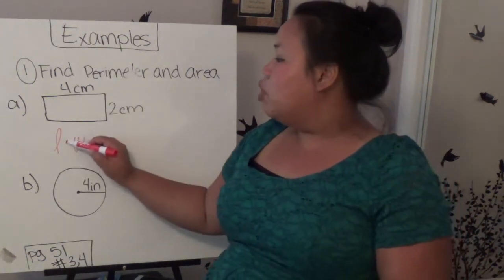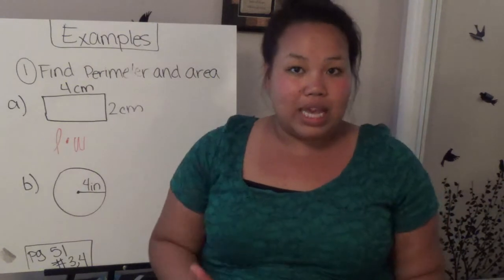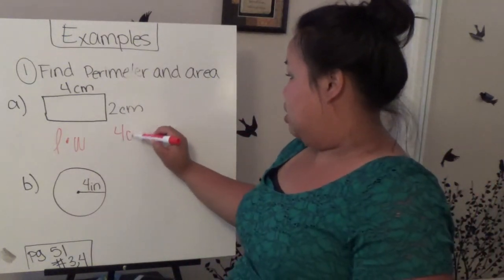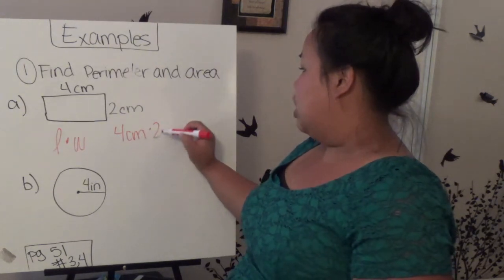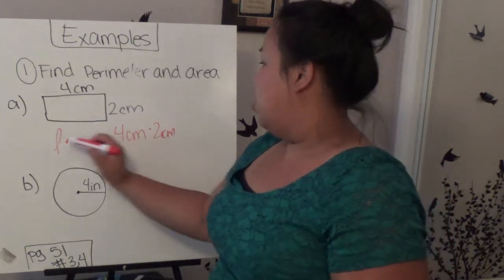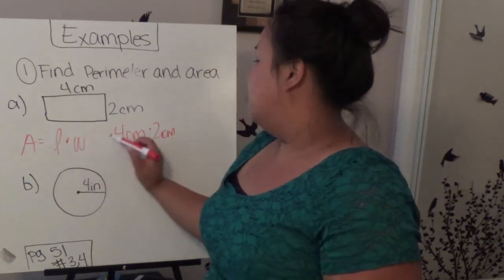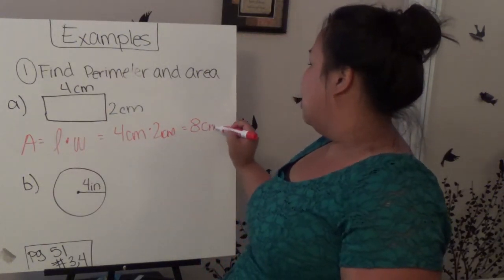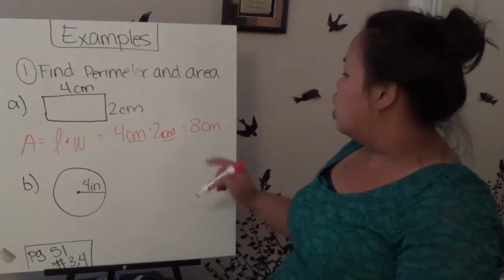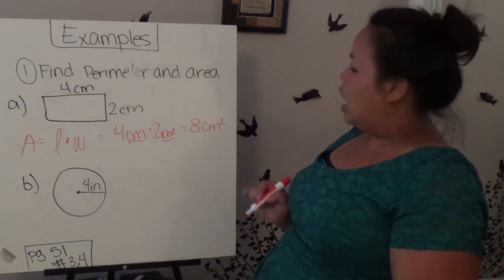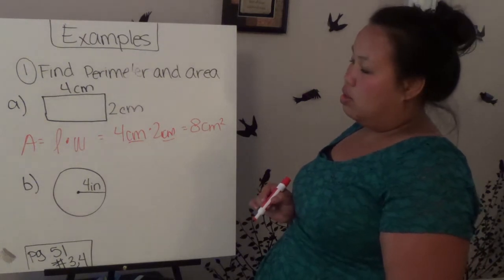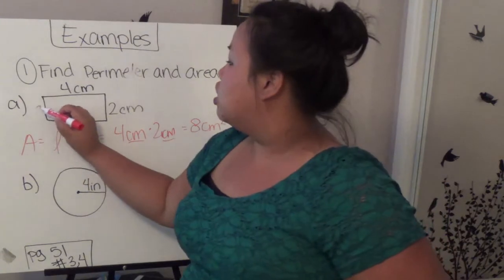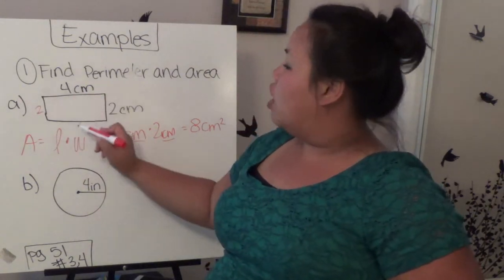Because it's multiplication, it doesn't matter which one I label length and which one I label width. So I will just put 4 centimeters times 2 centimeters, and this is area. This gives me 4 times 2, which is 8 centimeters. And you see how there's 2 centimeters? Because there's 2, I'm putting 8 centimeters squared. Also, because this is a rectangle, since this is 2 centimeters, this is also 2, and since this is 4, this is also 4.